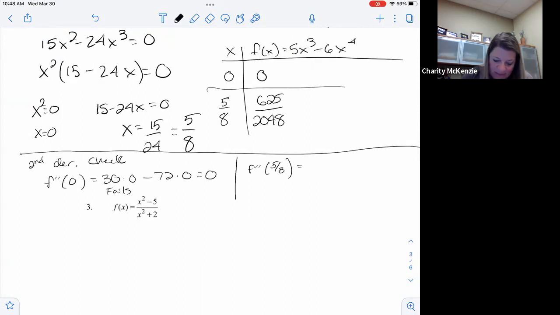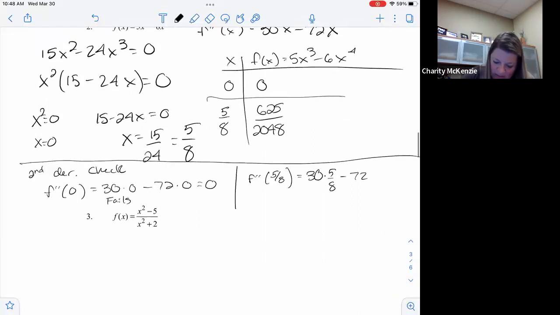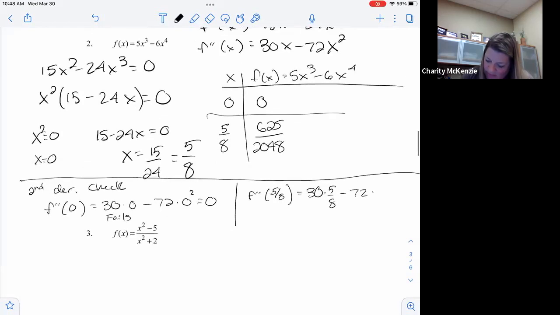And that's still going to be like 30 times, I wrote the 30 weird, 30 times 5/8 minus 72 times 5/8 squared. See, I should have a square there. Okay, I get negative.